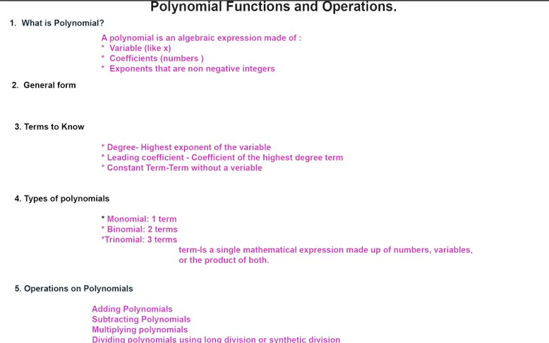The general form of a polynomial function looks like this. It will be a_n x to the power n, plus a_(n-1) x to the power n minus 1, plus and so forth, plus a_1 x to the power 1.